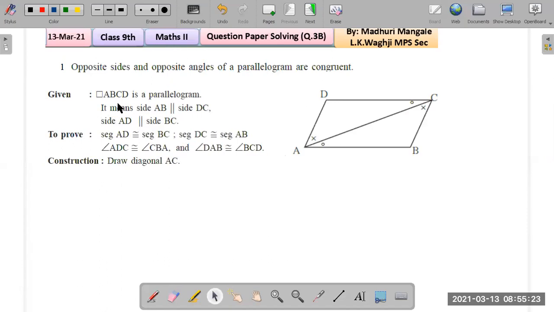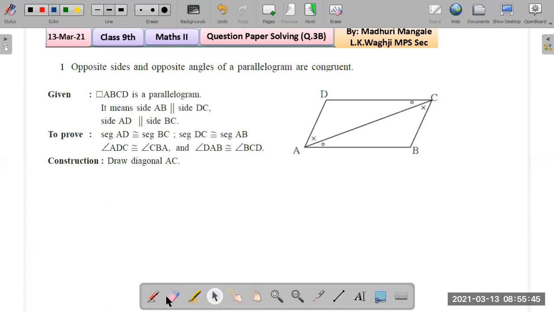Now students, notice that in the question the name of the parallelogram is not mentioned. So whenever you are solving problems related to quadrilaterals, and especially proof type questions, you should always make a figure, label it nicely, and mention everything in detail in your solution.